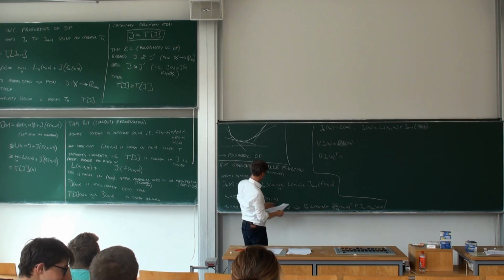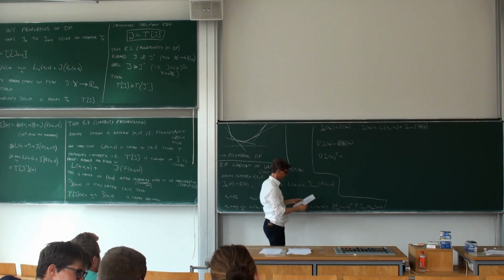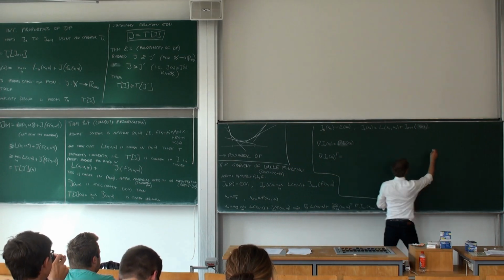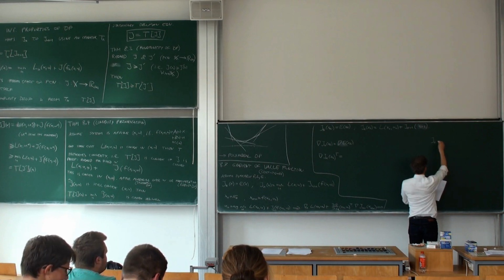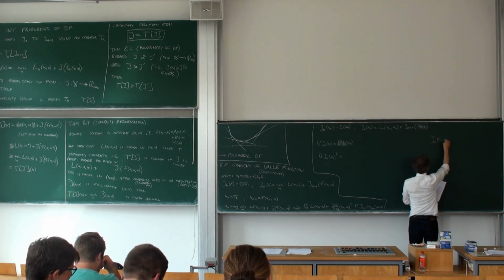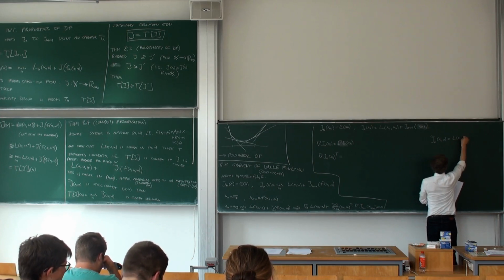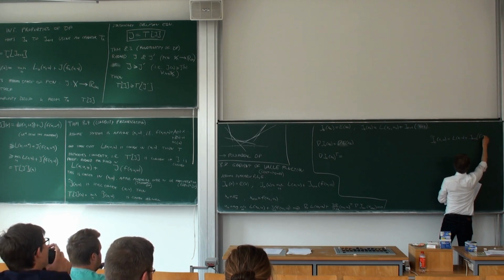Maybe I directly use the abbreviation that we had before with this J tilde, right? So why don't we call the function J tilde_k of x and u as being the function which is L of x and u plus J_{k+1} of f of x and u.